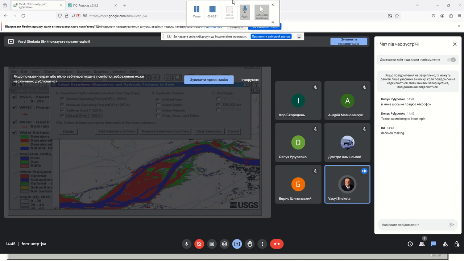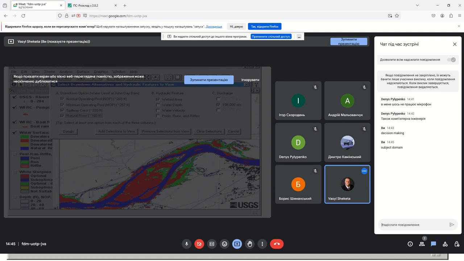So we have key conceptions. First one is decision making. Second is subject domain of decision making.